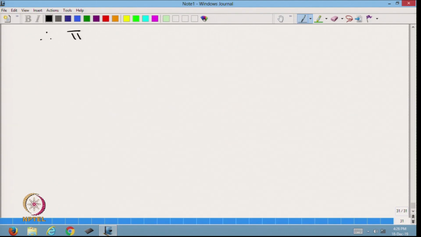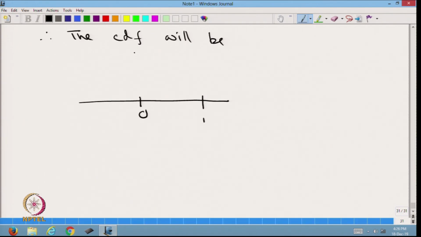Therefore, the CDF will be as drawn; thus there is no discontinuity, and f of minus infinity is equal to 0, f of infinity is going to be 1, and between 0 and 1 it is monotonically increasing in a linear fashion.